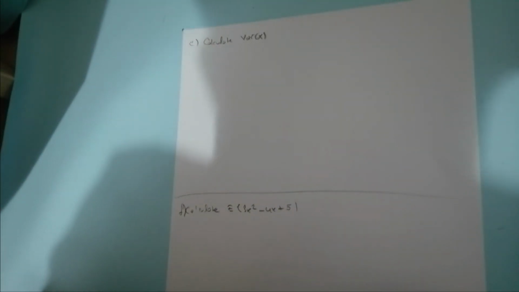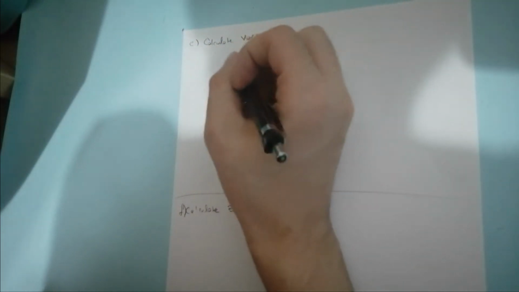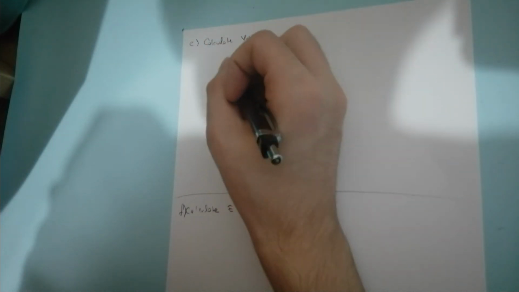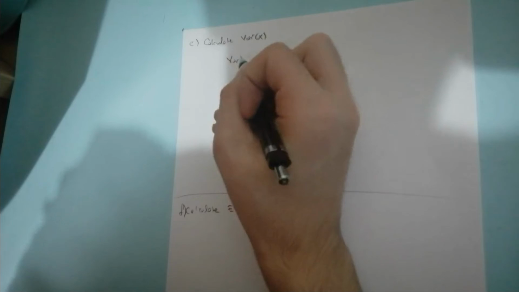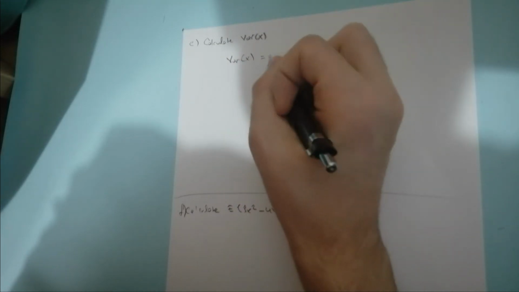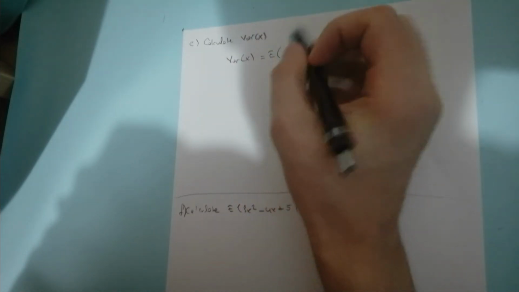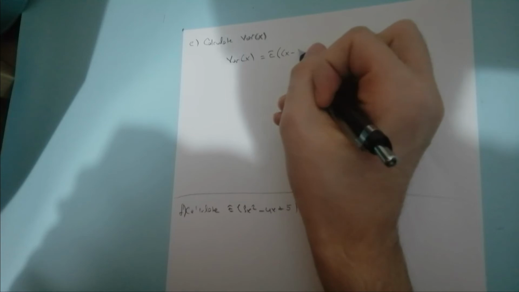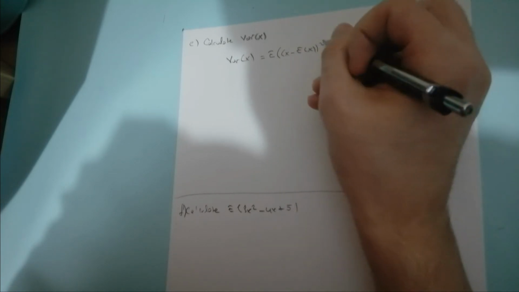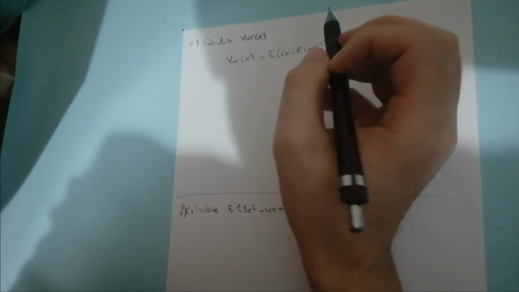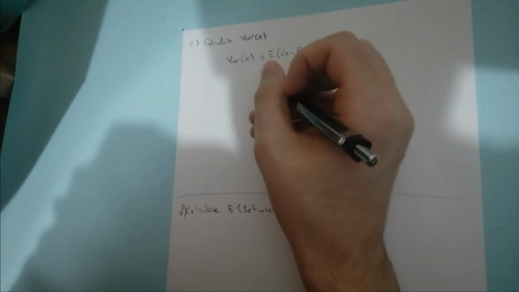So our new question is calculating the variance of x. Actually here we have to know the formula of the variance. It is E of (x minus expected x) squared.